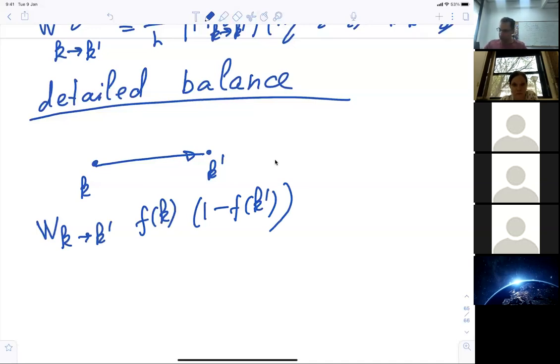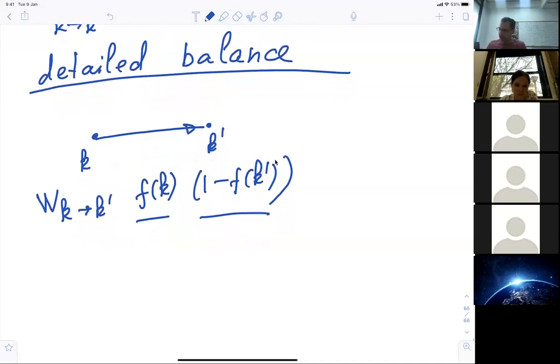To go from state k to state k prime, you need to have state k occupied, state k prime empty, and w is the probability to go from one state into another. So this is the flux from k to k prime.